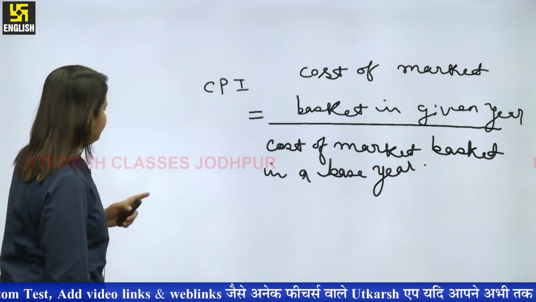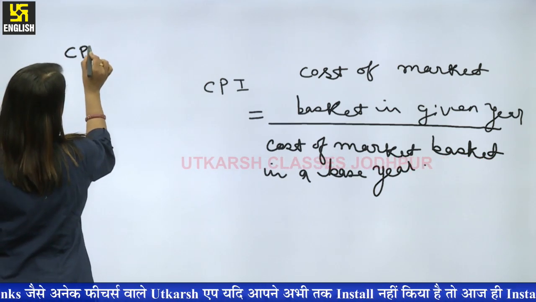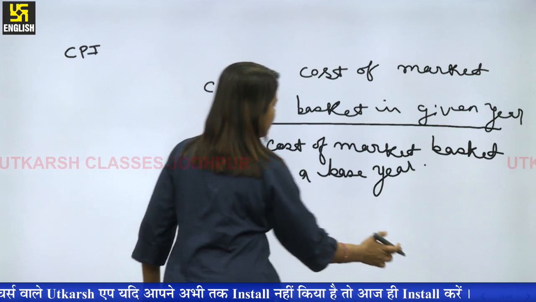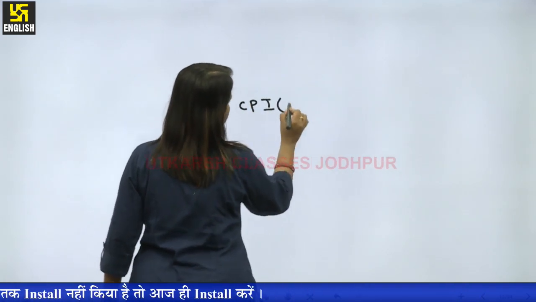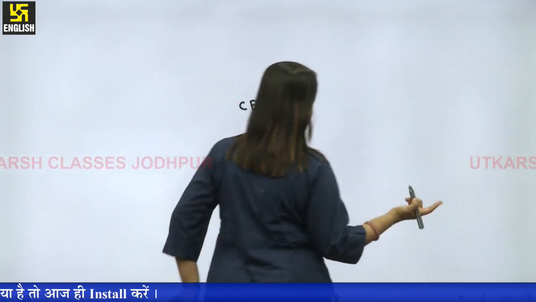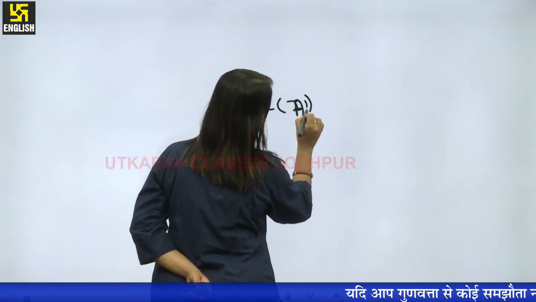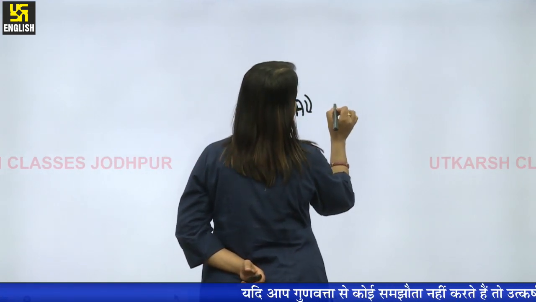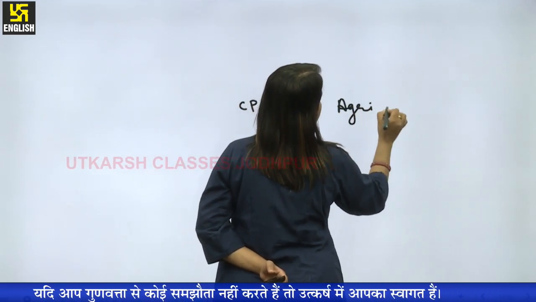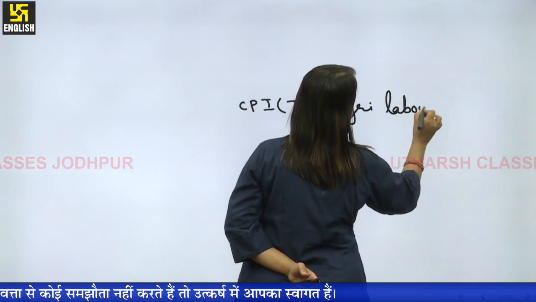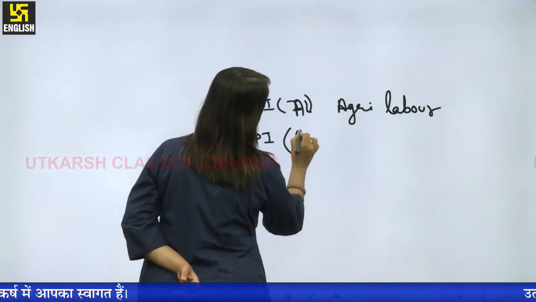Now there are different types of CPI. I'll go to the next page. First is CPI-AL, which means CPI agricultural labor. Second is CPI-RL.